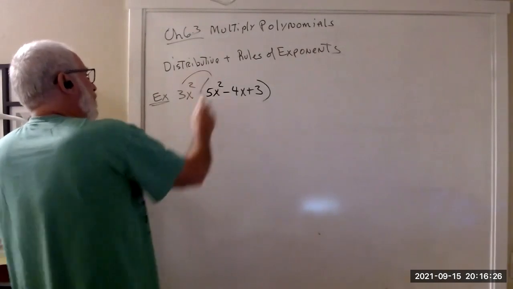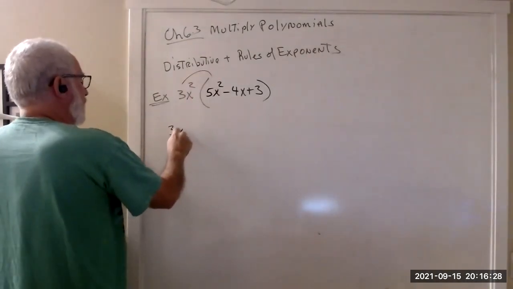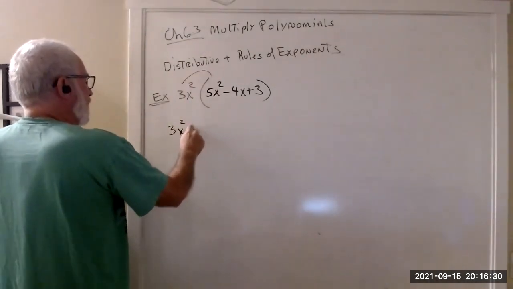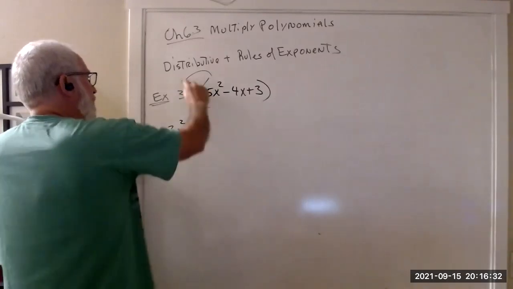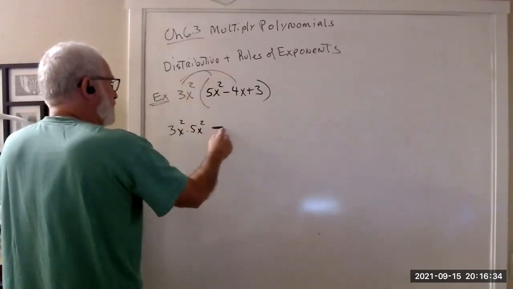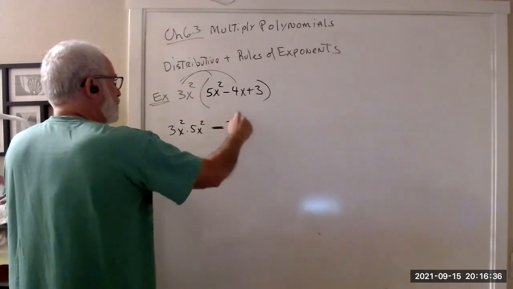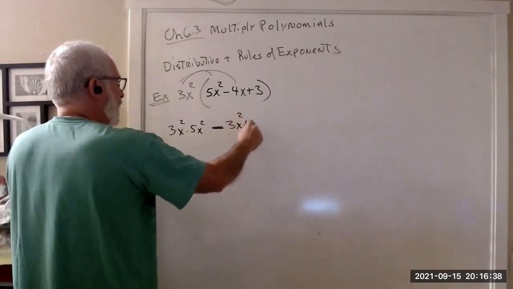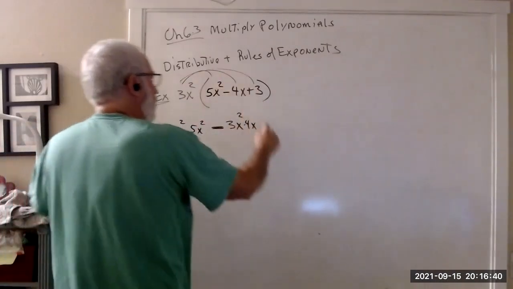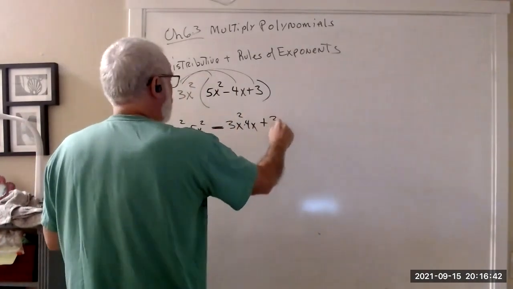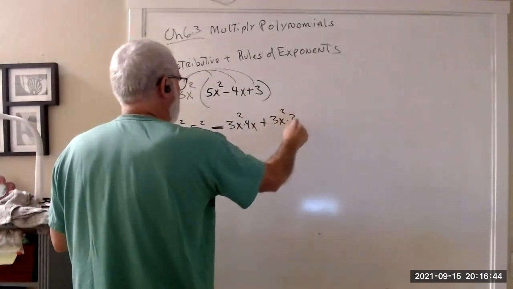We're going to distribute. We have here 3x squared times 5x squared. Distribute here, minus 3x squared times 4x. Distribute here, plus 3x squared times 3.